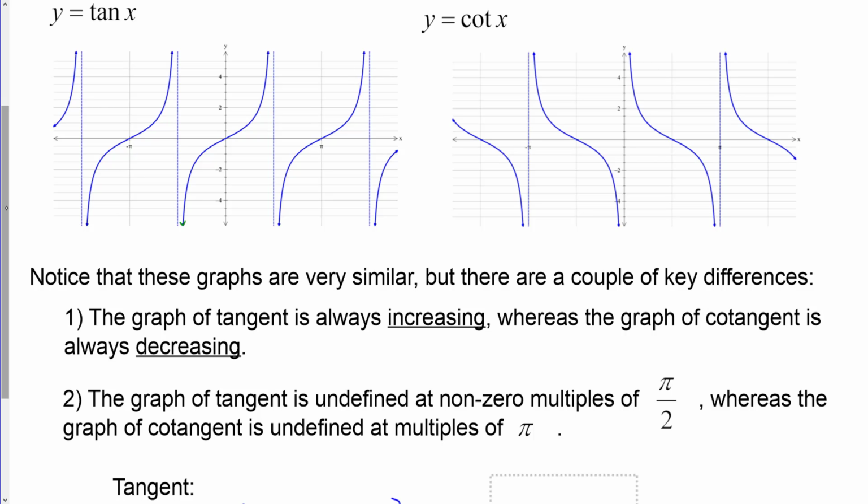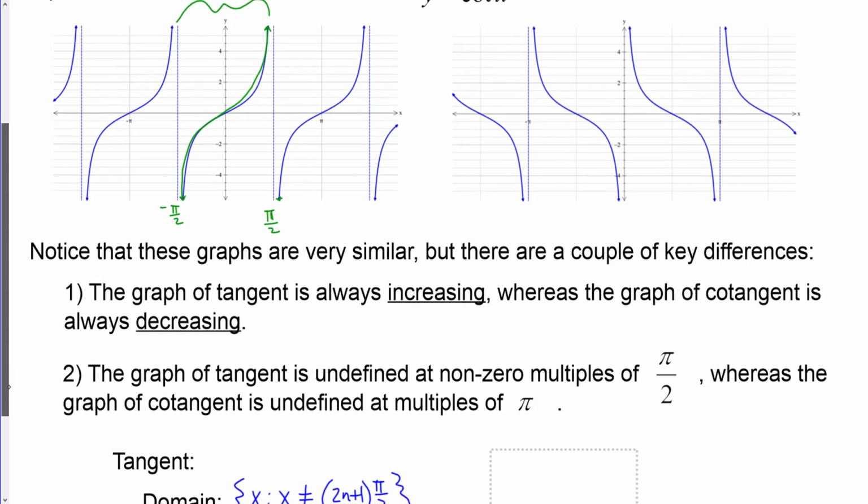So let's start with this arrow here and see when we end up back at another arrow like that. Well, here we are. So this went from essentially negative pi over 2 to positive pi over 2, which is a length of pi. So the period of tangent is only pi.